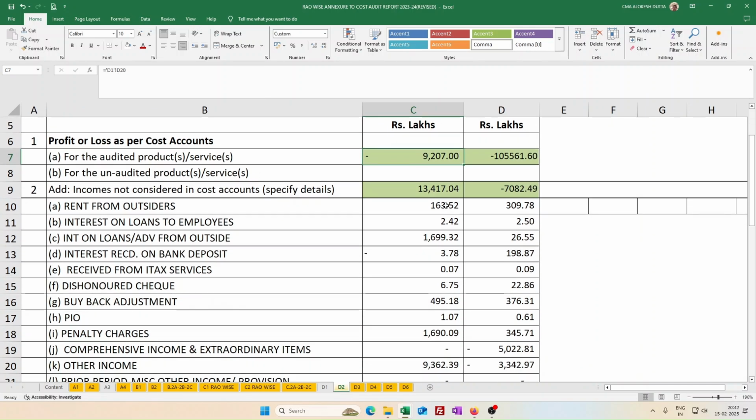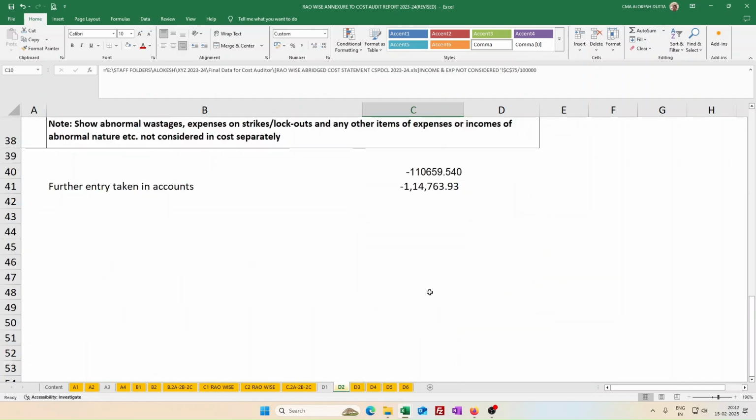Now we have total income 13417.04, which we have not considered. Where is it coming from? It is coming from different heads.